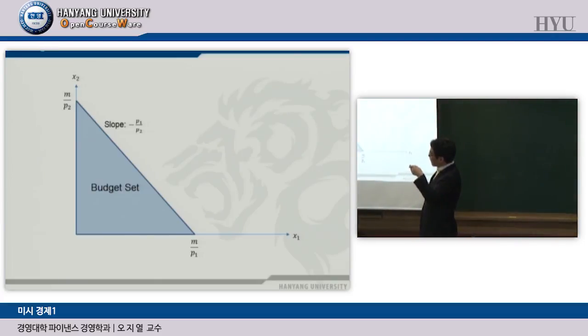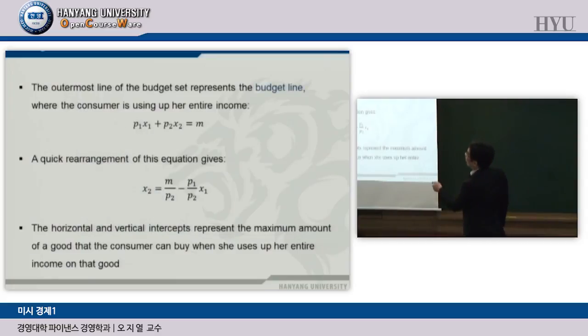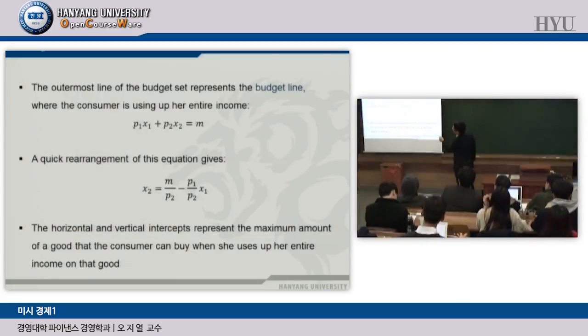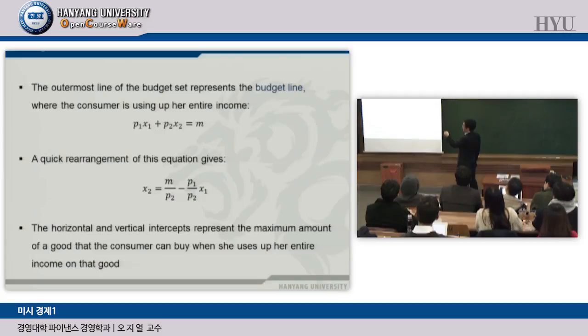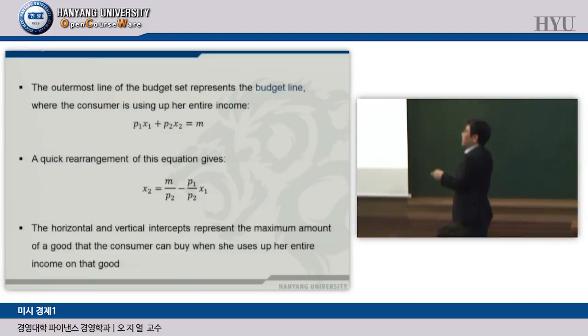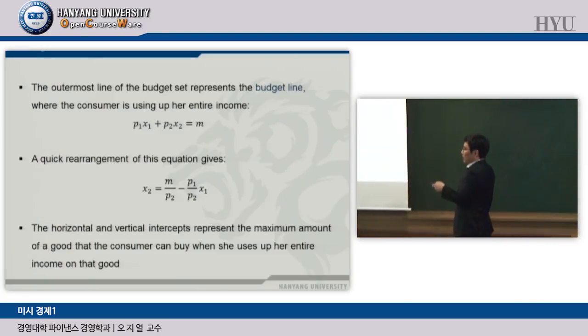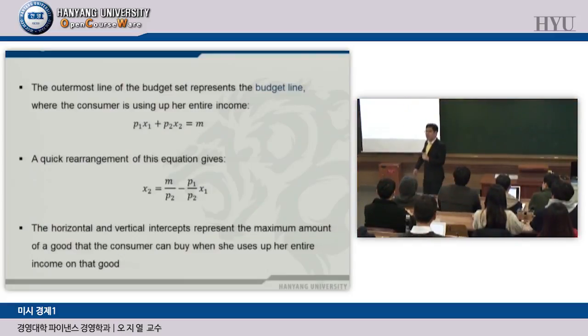But the slope, look at that, P1 over P2, or from this equation, I rearrange it in terms of x2, then you get this. I mean, it's not difficult. You just throw this to the other side and divide everything by P2, and you get this. The slope of that budget line, or what that budget line is saying, is you're using up your entire income along that line.